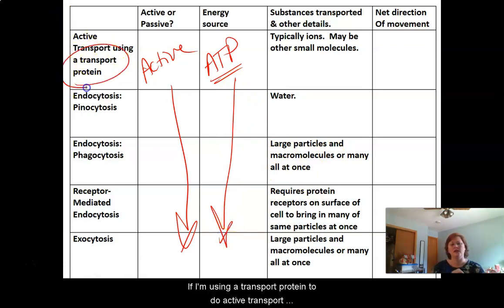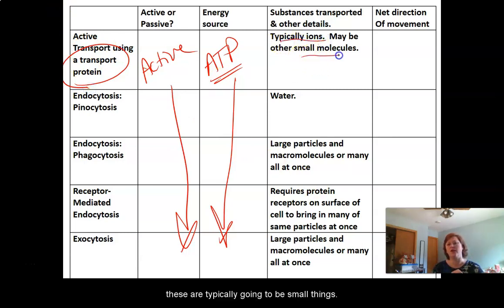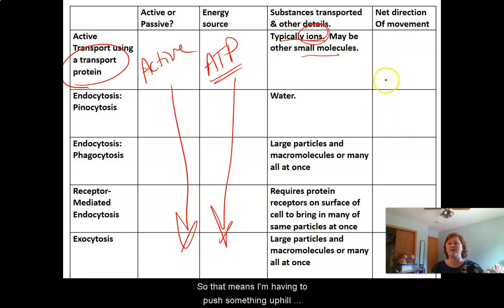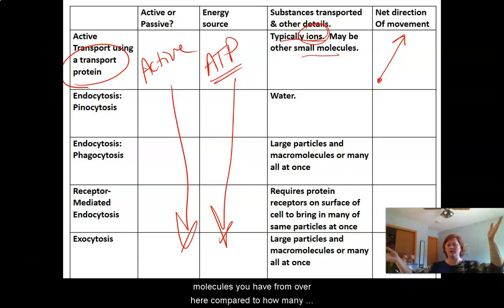If I'm using a transport protein to do active transport, these are typically going to be small things. Oftentimes we're transporting ions. Now it's active transport. So that means I'm having to push something uphill against its concentration gradient. So remember, a gradient is the difference of how many molecules you have from over here compared to how many you have over here.